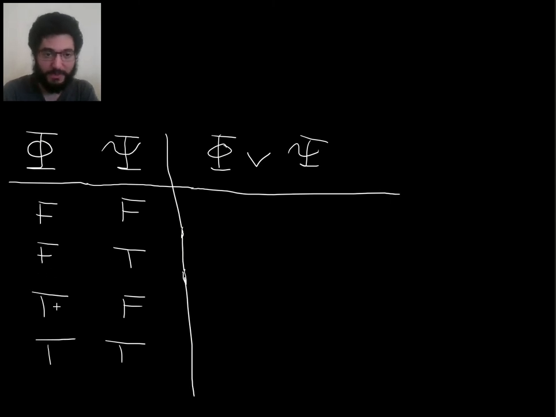If you know that phi is true, like in this third row, then you can deduce phi or psi. That was one of the rules for OR, so it's true. If you know psi is true, similarly. And also, in the case that they're both true, you know that phi is true, so you can deduce phi or psi.